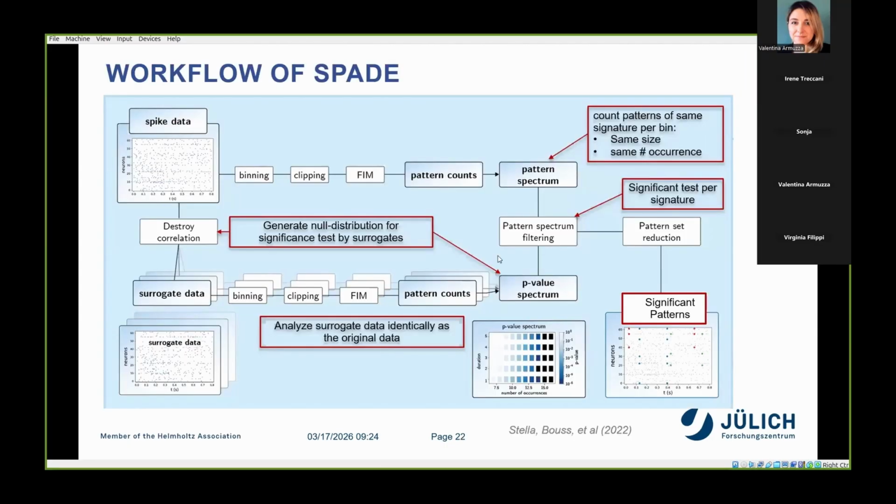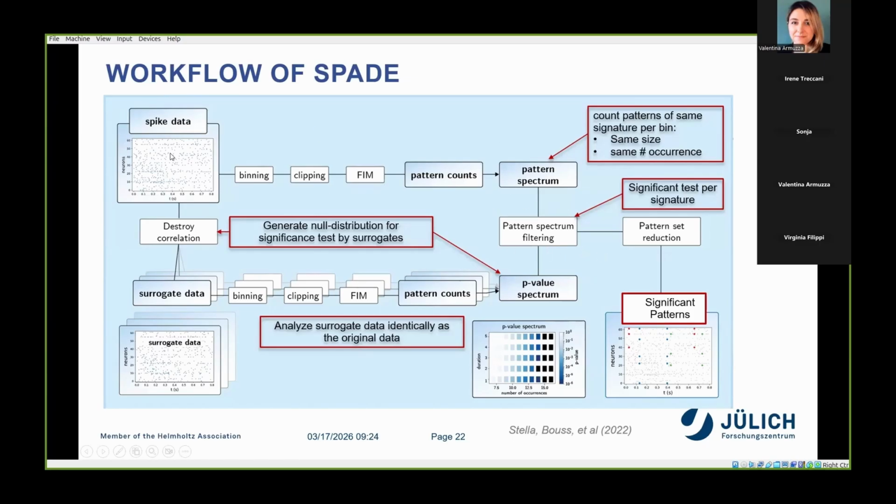I just want to show you again the workflow of this whole analysis. We have original spike data. We bin them into exclusive bins, let's say 5 milliseconds. We clip the contents to binary values, zeros and ones. Onto this, we apply the FIM. We have pattern counts, we have the pattern spectrum.